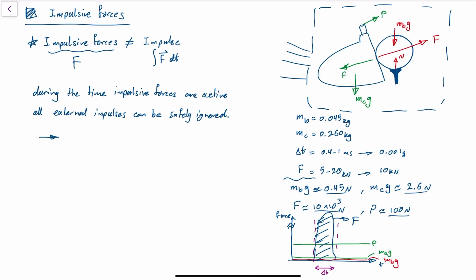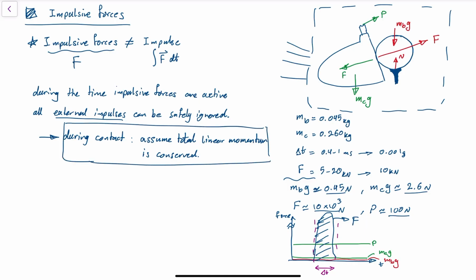In other words, if all external impulses can be ignored during contact, we can assume total linear momentum is conserved. So this is a very important result.